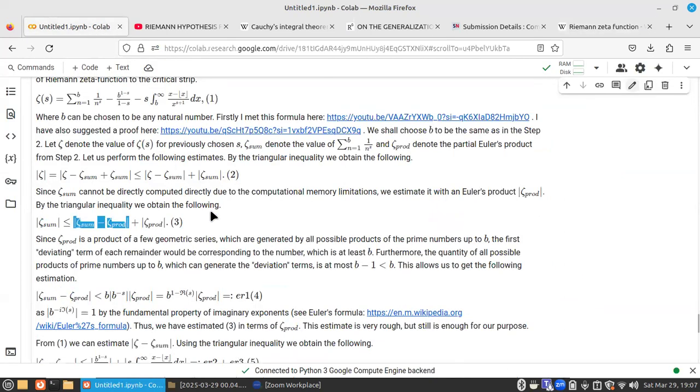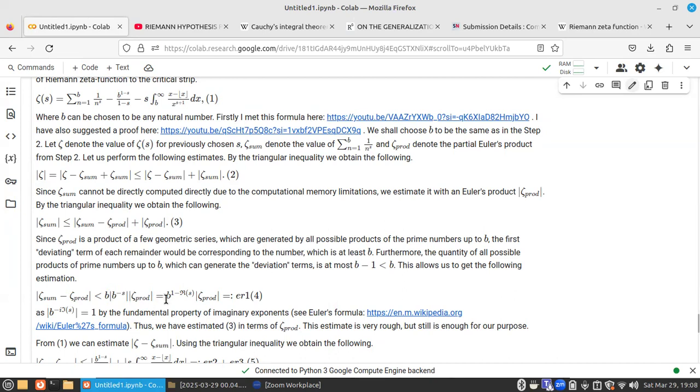our error should not be greater than this for each of the geometric series which generate the sum representation.